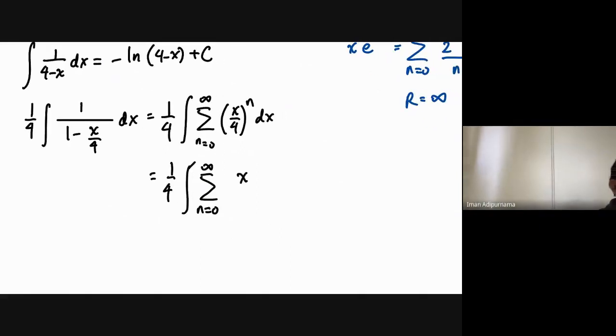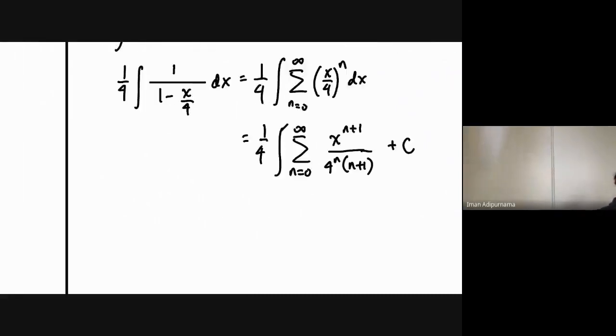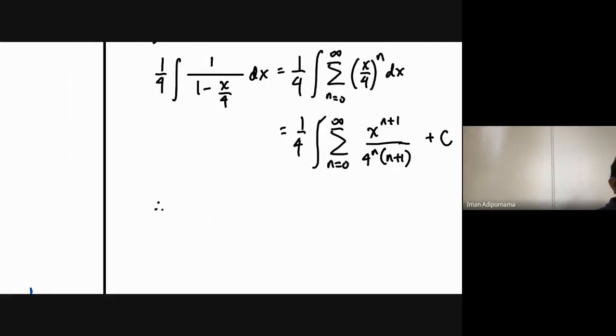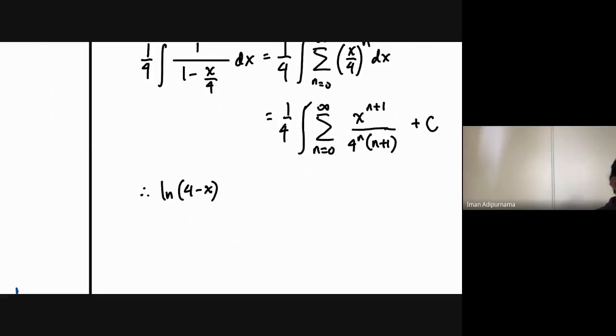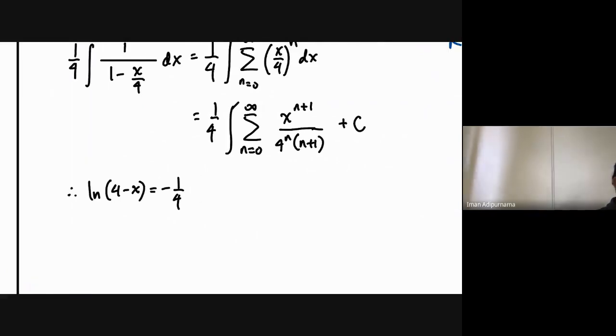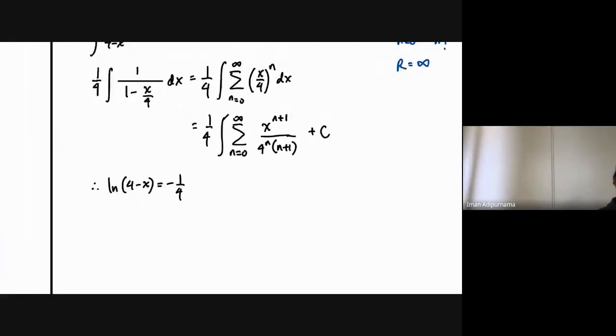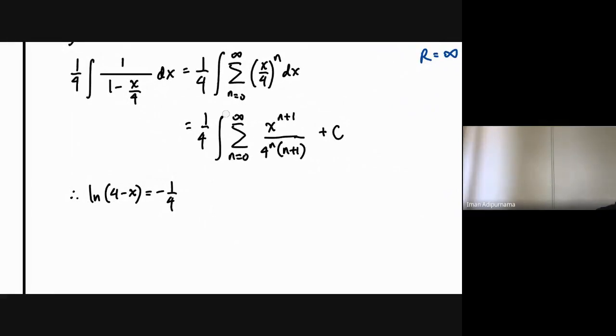So this will be x^(n+1) over 4^n times (n+1). And then plus c. Okay, so the ln(4 minus x) in the question is the negative of all this, 1 over 4. Oh, it is already, okay, sorry.